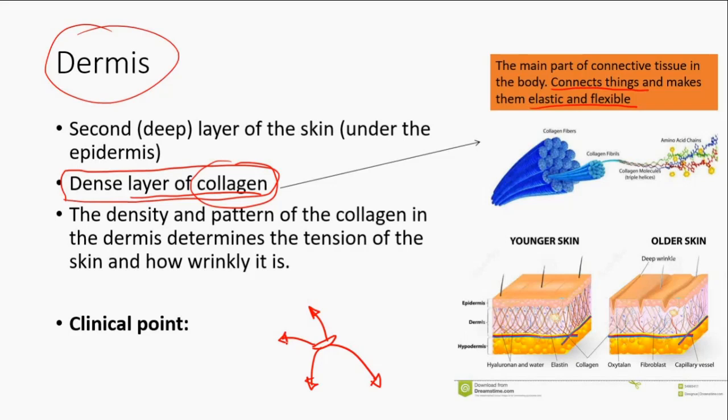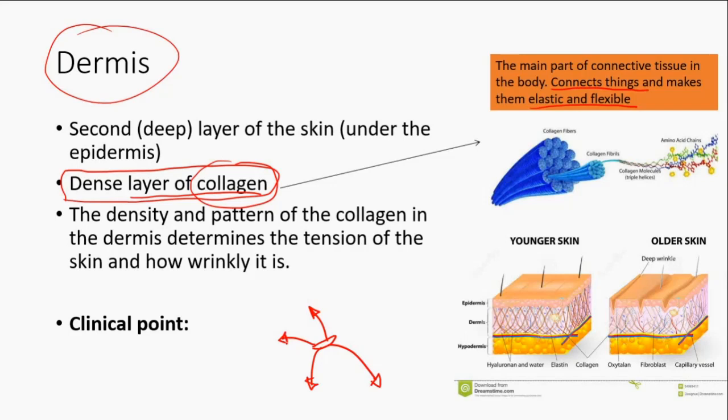Whereas if you're in first year medical school and you go to your dissection lab and you are working on a cadaver, in other words, a dead person, the skin has not a lot of collagen at all, because the person's dead. So the collagen is broken down.